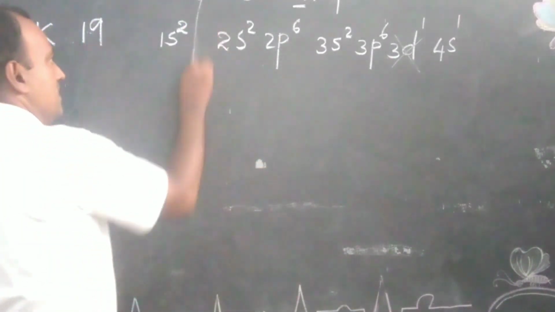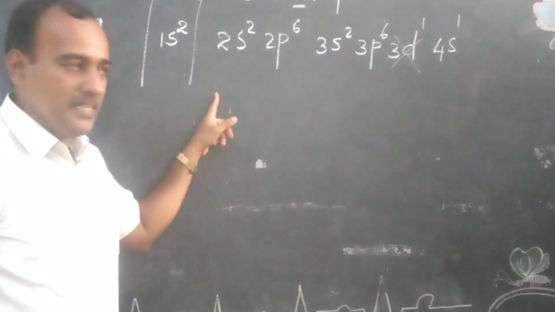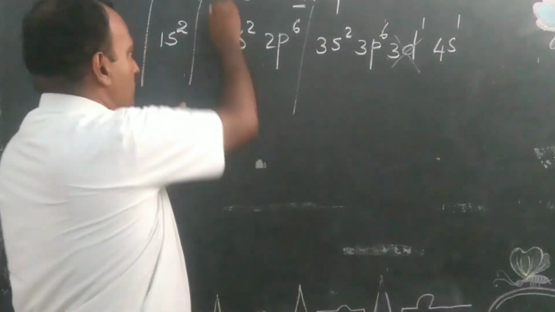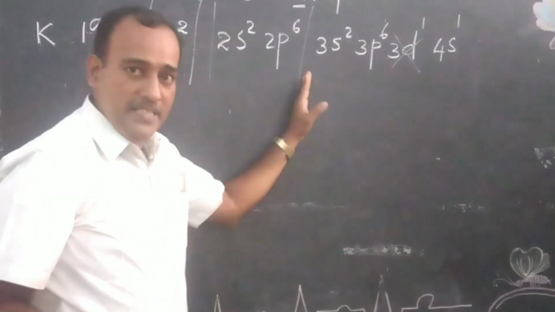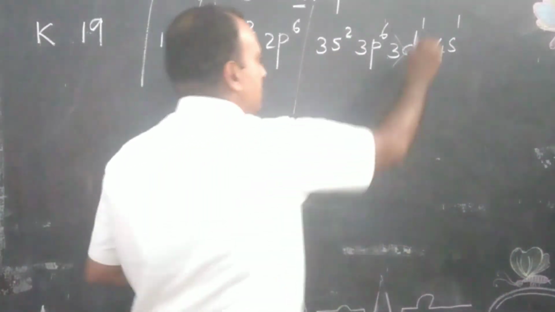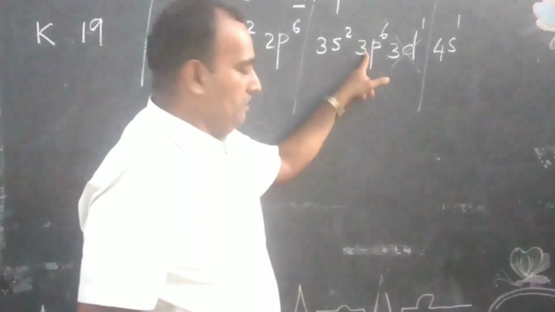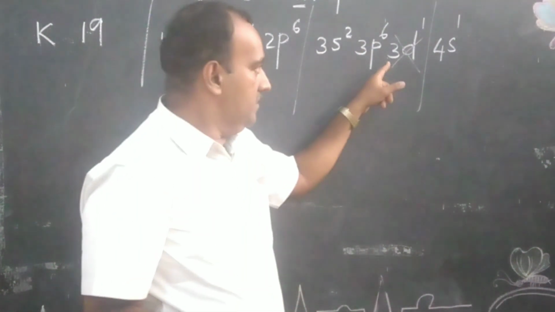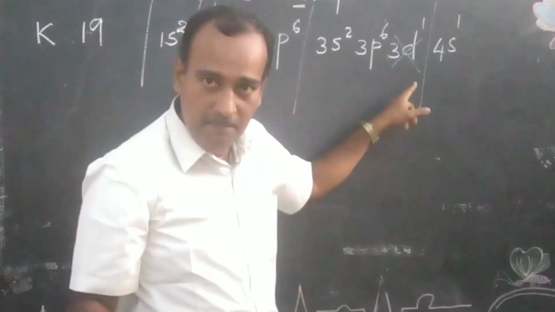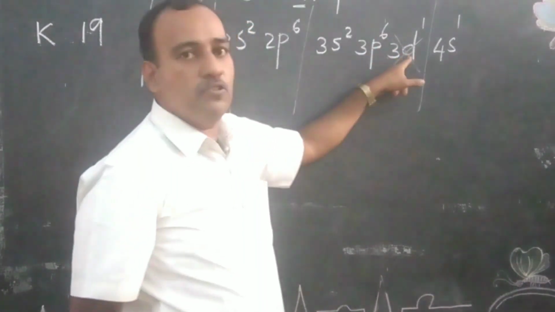First energy level has only one subshell, second energy level has two subshells, s and p, third has three subshells, s, p, d. 3p is completed. One more electron remains, and automatically it wants to go to the 3d level.